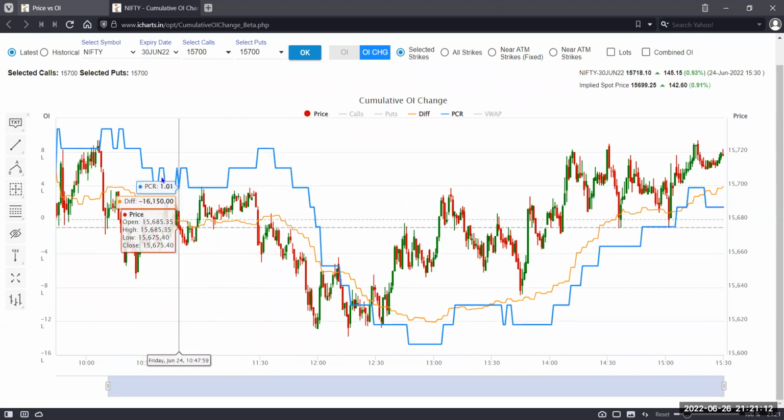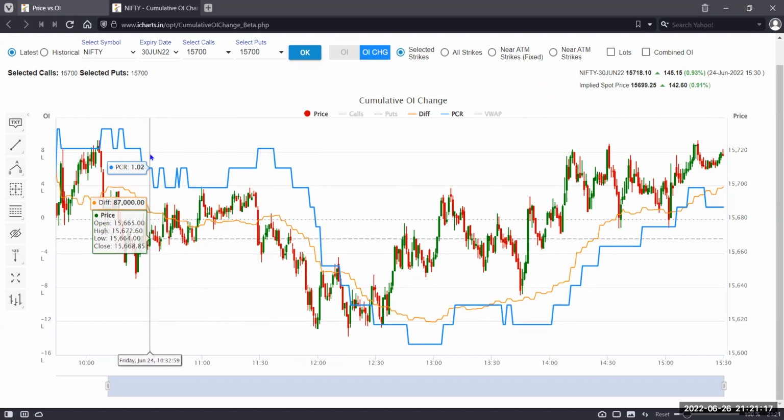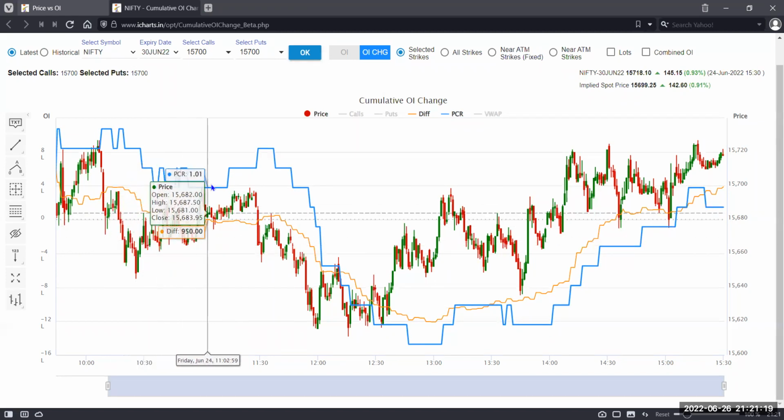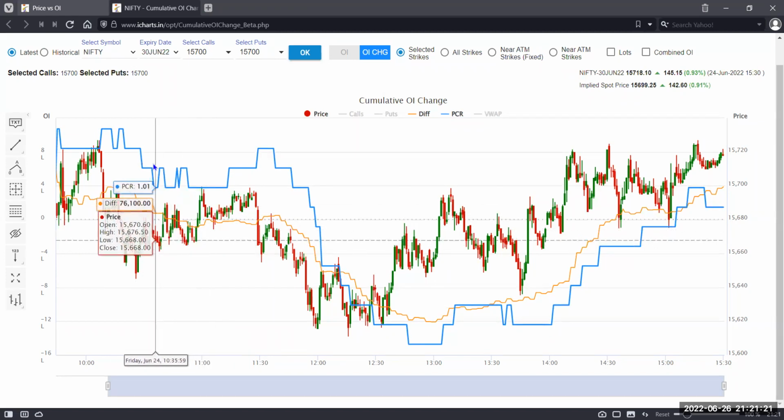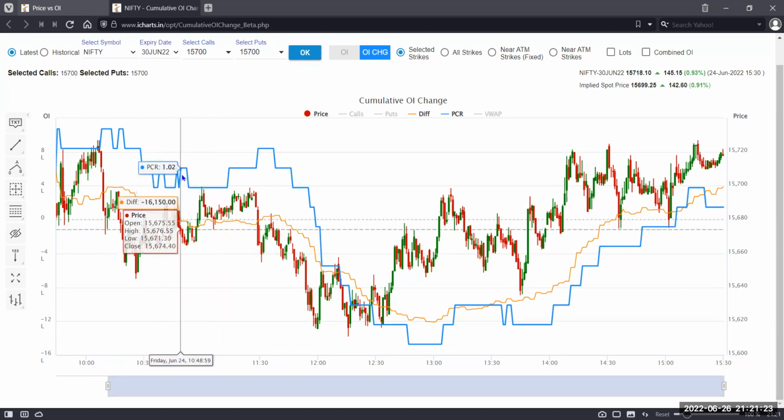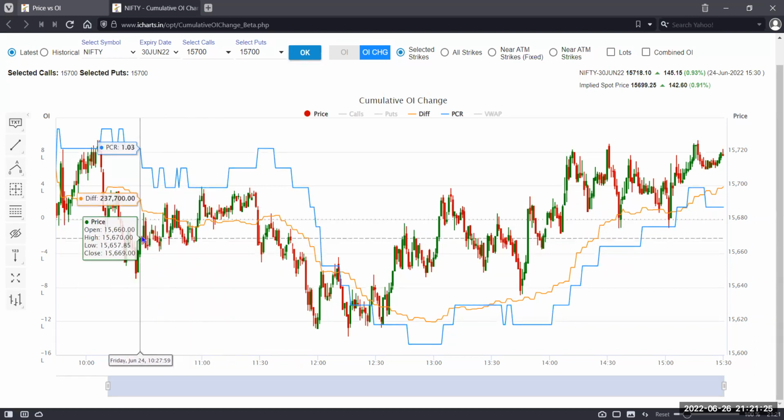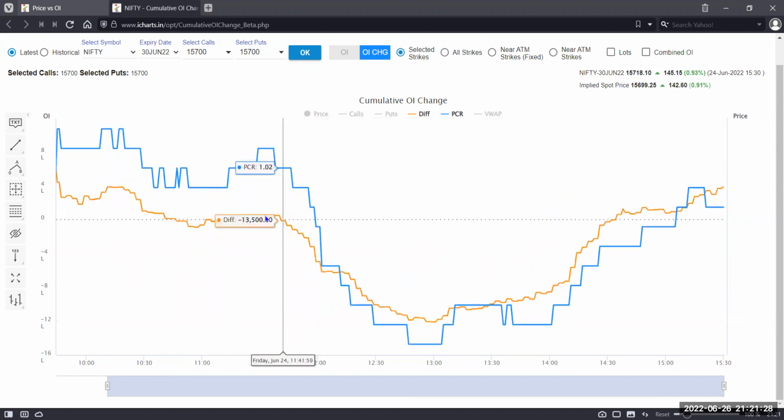Here what is happening is PCR is going flat or remaining more or less the same, because call writing or call buildup and put buildup, or basically call writing and put writing, are in balance. So nothing much is happening. If you see, let me do the same, this will be reflected in this diff.